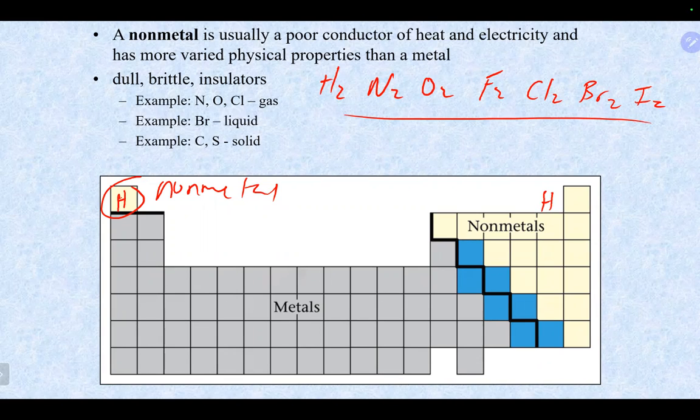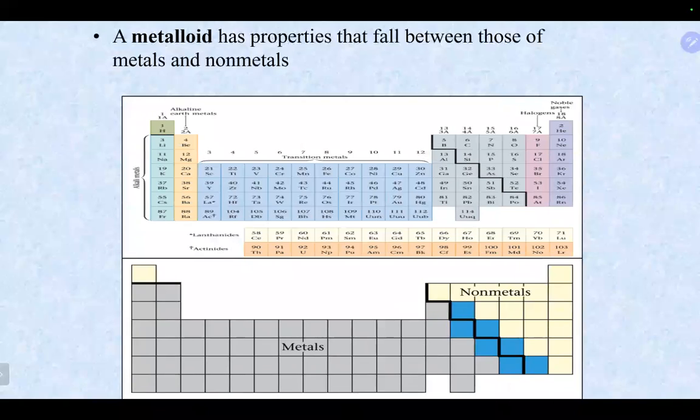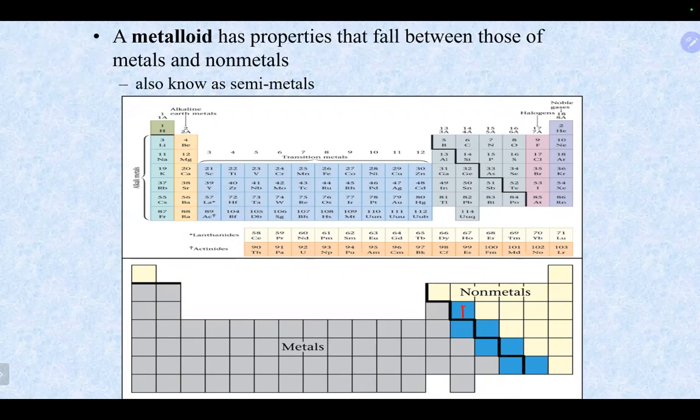In addition, the elements that are on that staircase itself are our semi-metals or metalloids. Coming down through here are our metalloids like silicon, arsenic, and so forth. Some books throw boron in there as well, which is right here. The location of our metalloids does make sense.